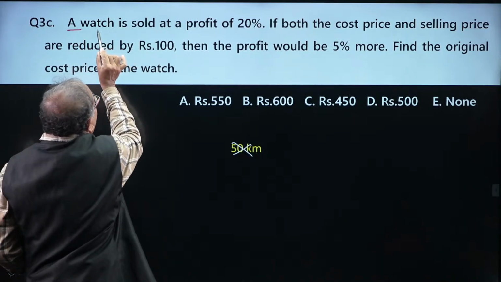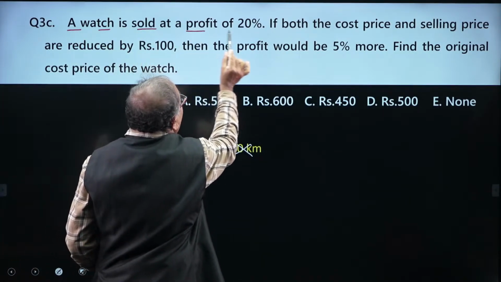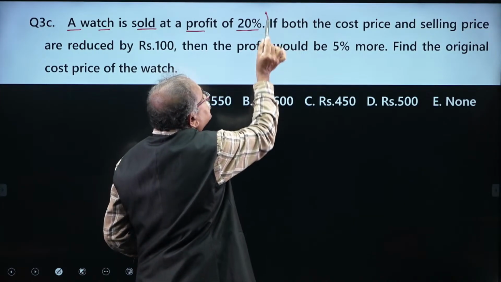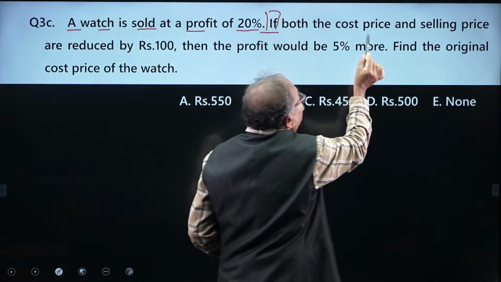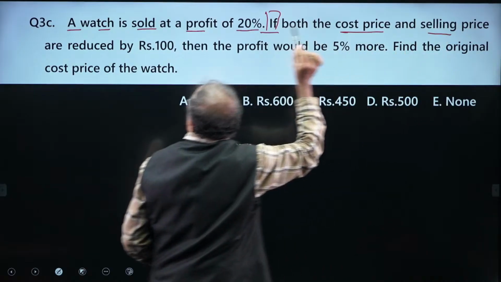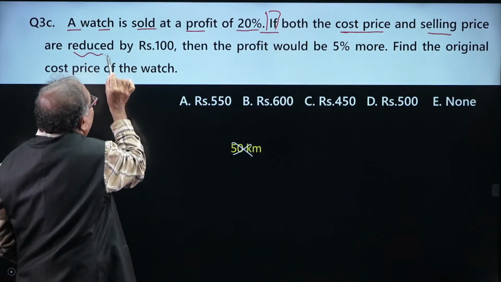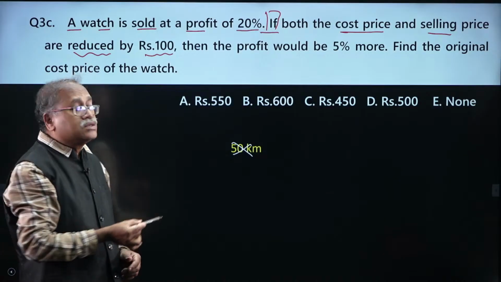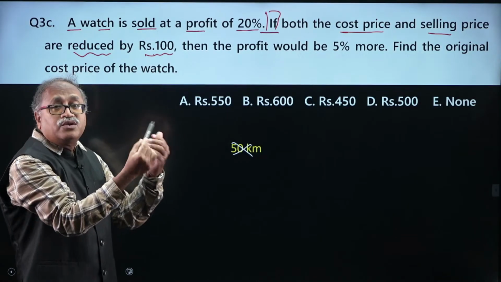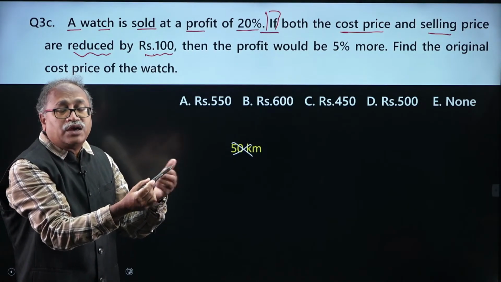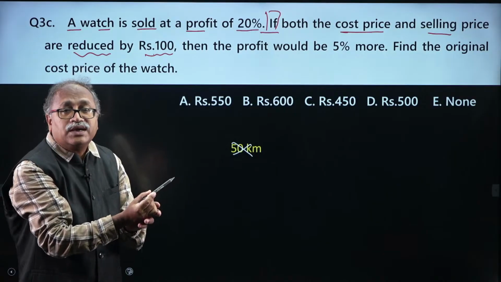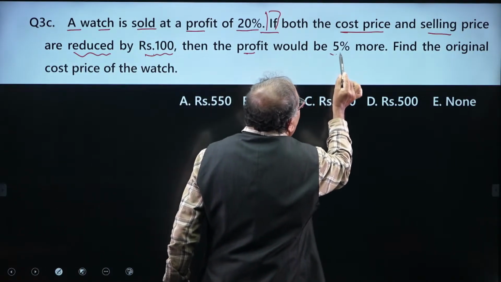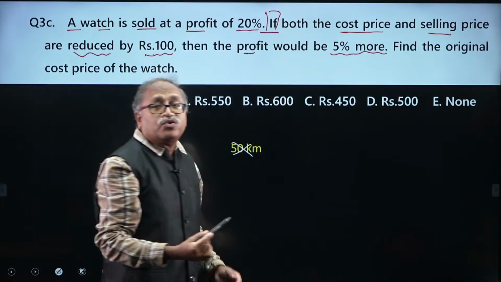A watch is sold at a profit of 20%. If both the cost price and the selling price are reduced by 100, in both cases the prices are reducing by rupees 100, so I need to take the cost price as 100x. Then the profit would have been 5% more.